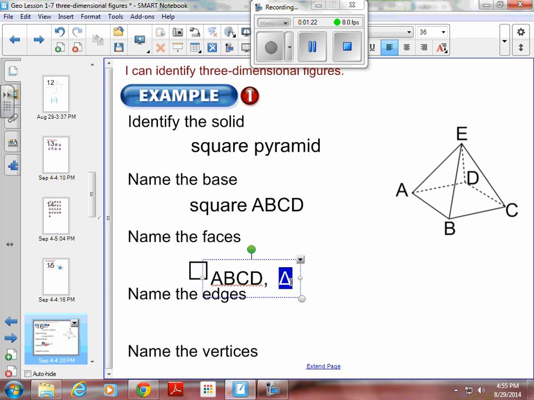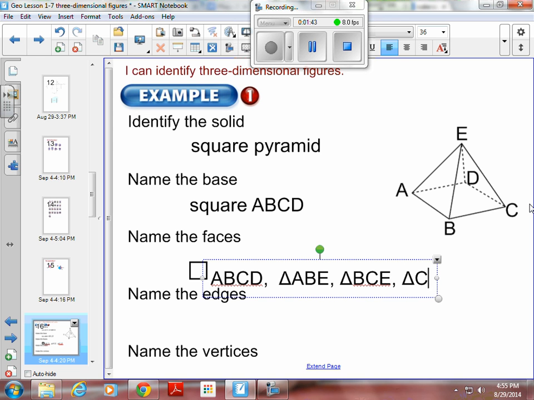There we go. Copy that, Control C. So triangle, and this face right here is ABE. And then I have triangle BCE. And then I have the back one CDE. And then I have this other back one DAE.